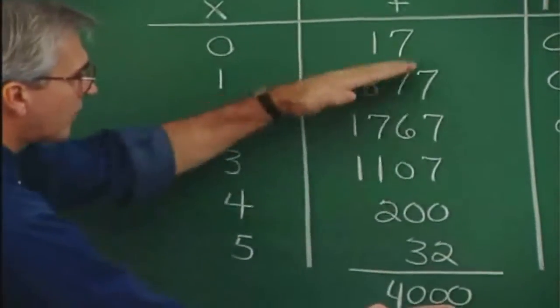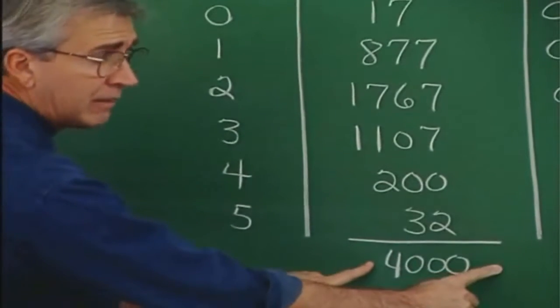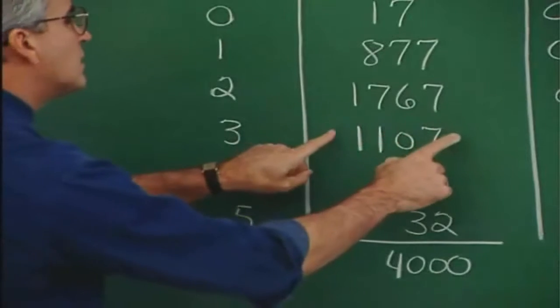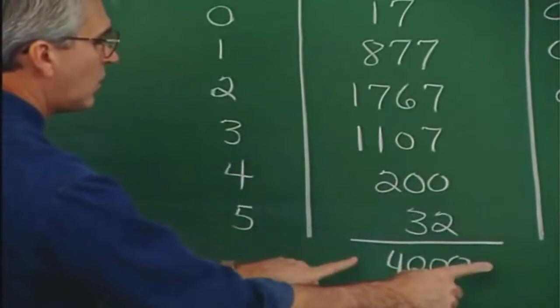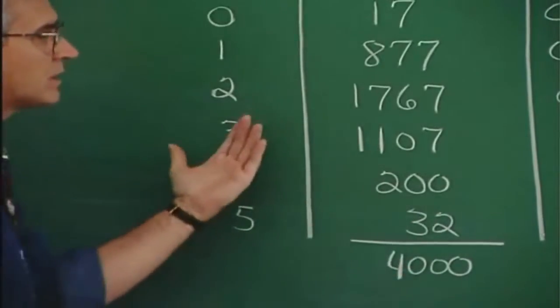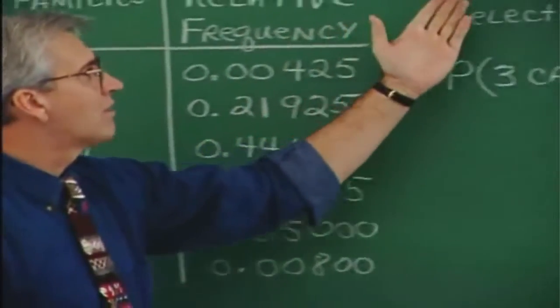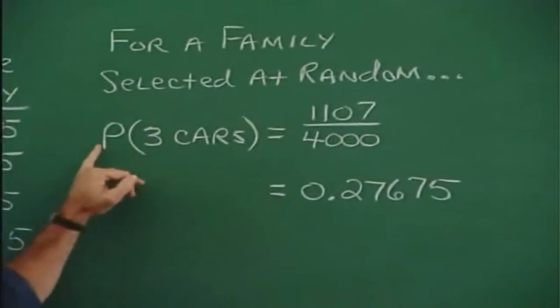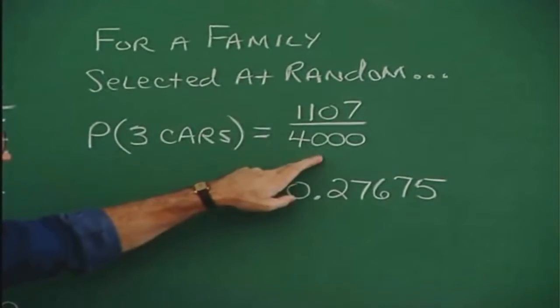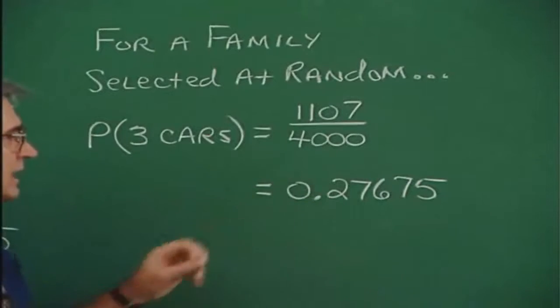You see, the total of the frequencies is the total number of families in the town. So if we're choosing a family at random, then it's favorable outcomes over possible outcomes. So to make the calculation, we would come out over here to the side. For a family selected at random, the probability of 3 cars would be 1,107 over 4,000, or this decimal.